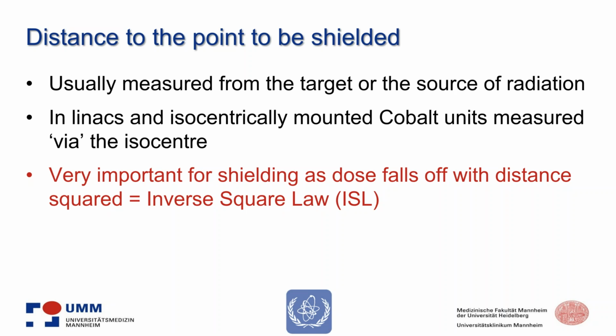Very important for shielding, as dose falls off with the distance squared, is the inverse square law. So if you want to calculate it for one specified point at the wall, of course you have to use this inverse square law rule. The next one.